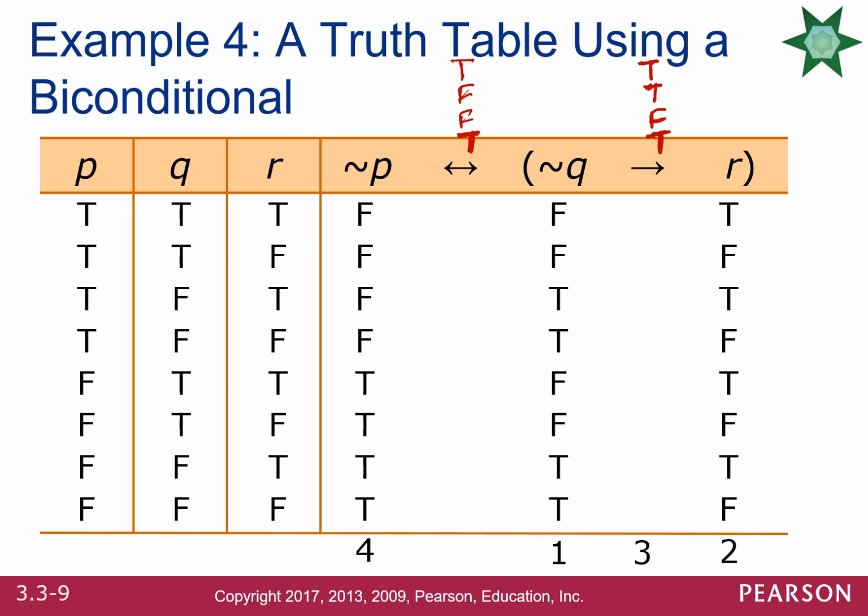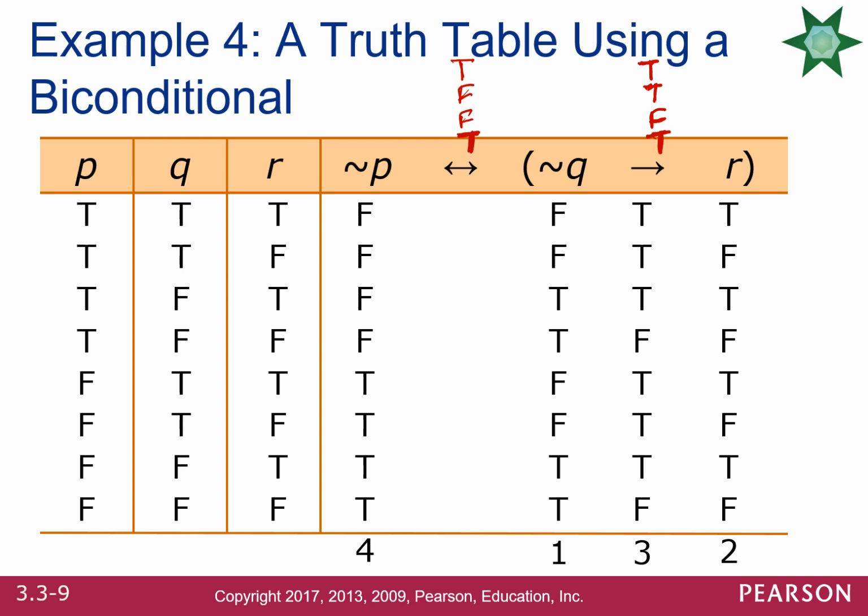So FT should be a T. FF should be a T. TT should be a T. TF should be F. All right. TF should be F, FT should be T, FF should be T, TT should be T, and TF should be F. All right.